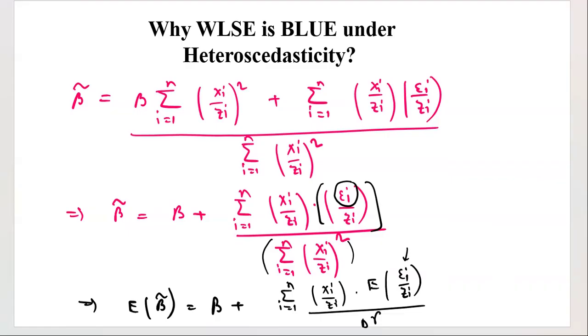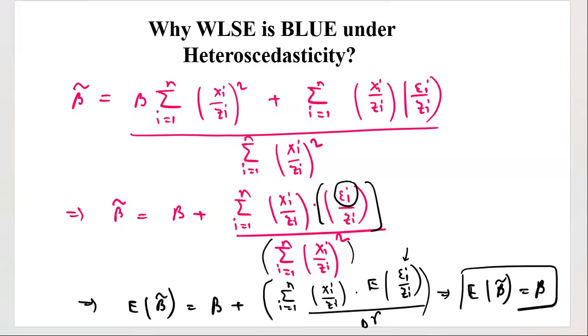Now expectation of epsilon i is simply 0. If this is 0, the entire term is 0 basically. So this will give you expectation of beta curl is simply beta. Now what does this tell you? This tells you that, let me write it here, the WLSE estimator is still an unbiased estimator.